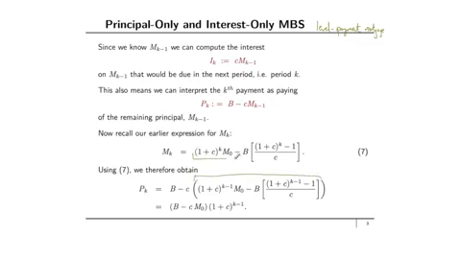So these two quantities are equal, except k has now gone to k-1. So therefore P_k equals B minus C times this. Now it's just straightforward algebra to tidy up this expression, and I get the value P_k. So this is the number of dollars that goes towards paying the principal in time period k.